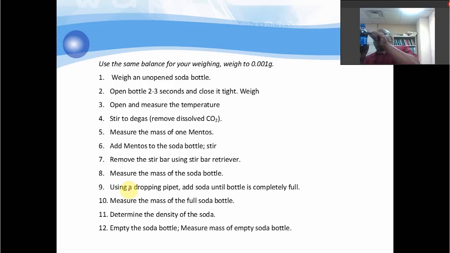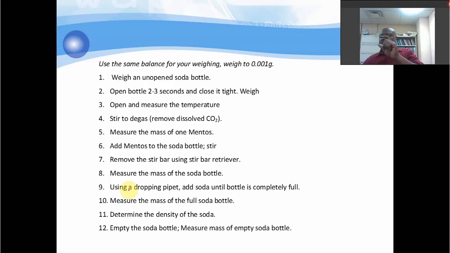Then you're going to fill up the bottle with Pepsi all the way to the brim, right? You do that, measure the mass. It turns out when you do that step, you'll find that it exceeds the mass the balance can handle. So what are you going to do?